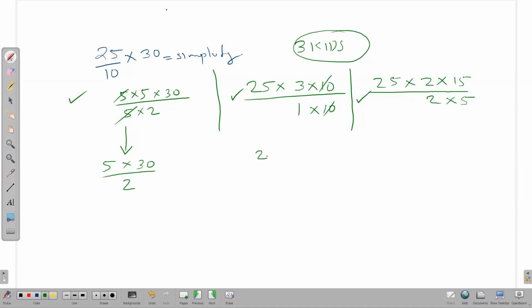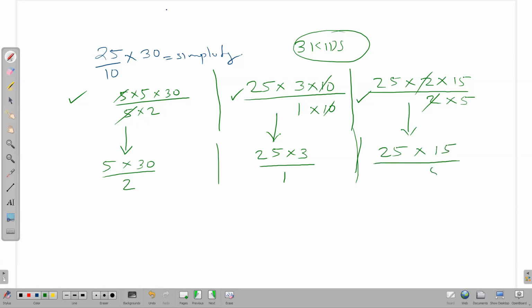So this kid got 25 times 3 by 1. And the third kid will cut 2 and 2. So this kid will have 25 times 15 divided by 5. Now the teacher is saying that no, you can further simplify.